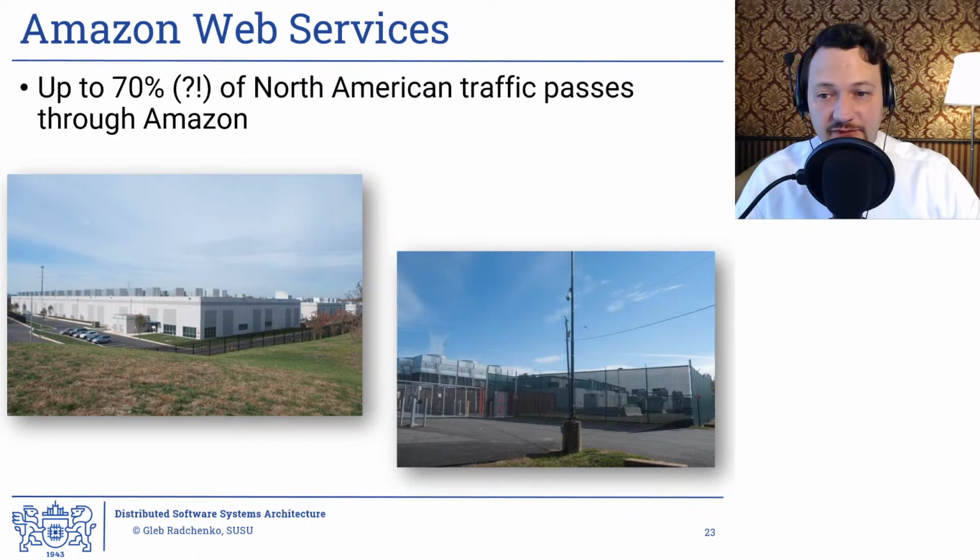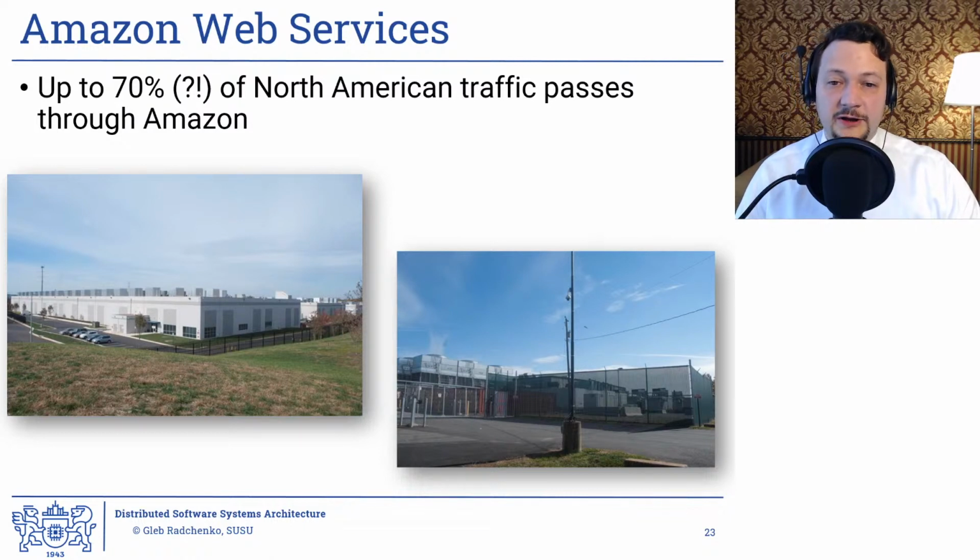These are just very, very big buildings with a lot of fans and coolers outside, because they need to cool their computing facilities, and they are located in very uncrowded areas to provide up to 70% of all North American traffic transferring. This is a very big amount of traffic.